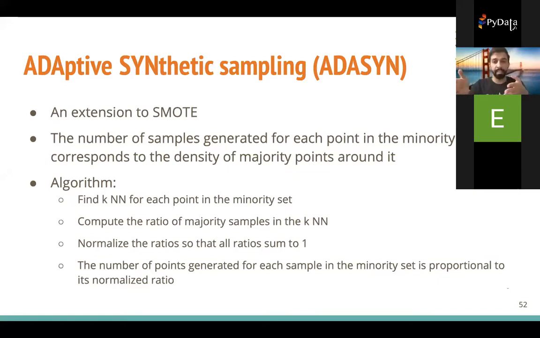In the synthetic oversampling methods we saw before, we were either trying to equally generate points for all the points in the minority set, or we were optimizing for the boundaries. Adaptive synthetic oversampling will try to use the density of the majority points as a proxy to distribute those samples.